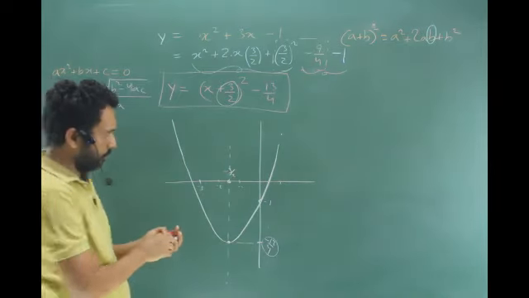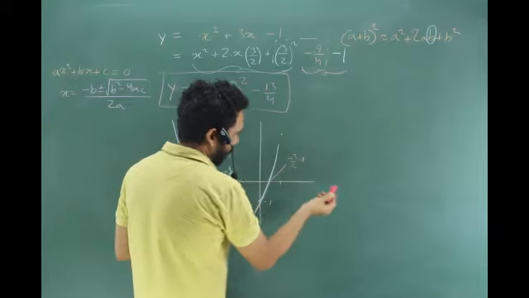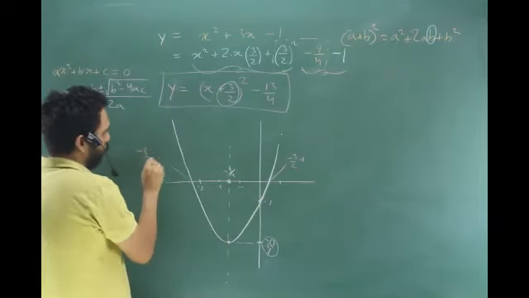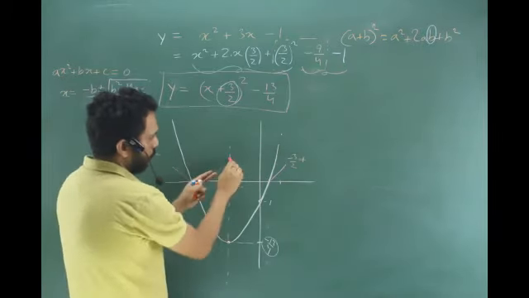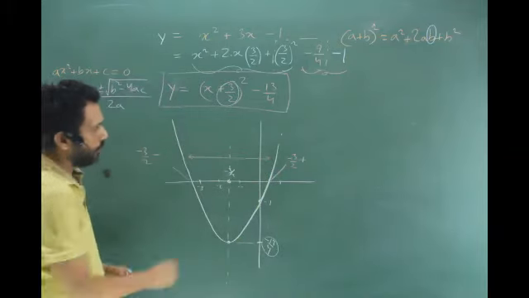This has to be -3/2 plus something, plus some root stuff. And this will be -3/2 minus the same thing, right? From -3/2, so much ahead and so much behind, right?